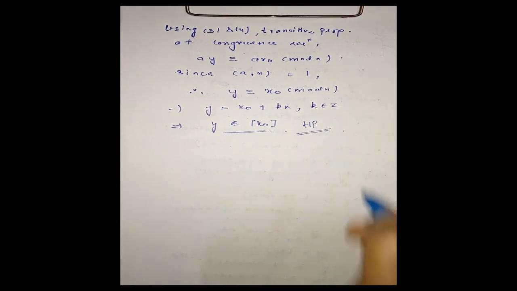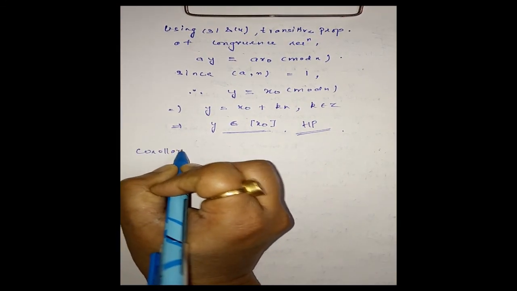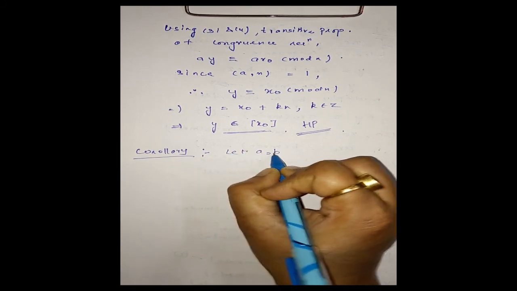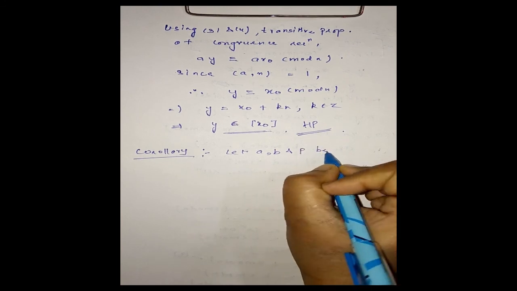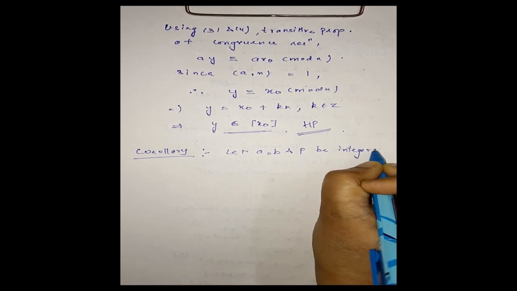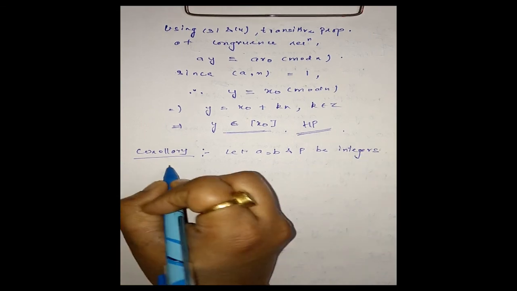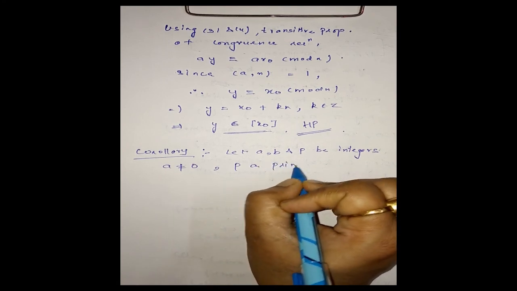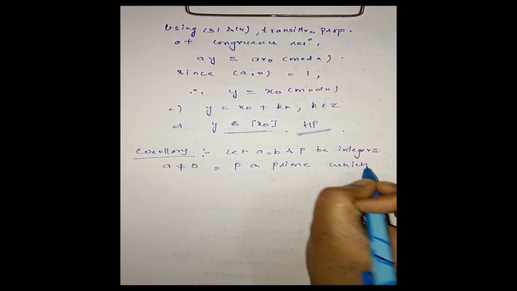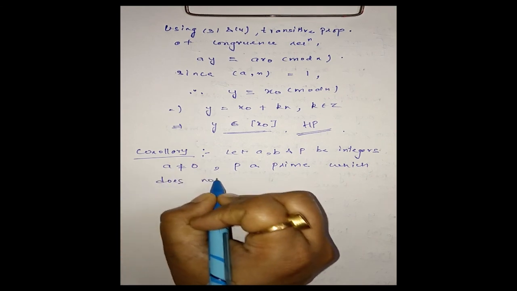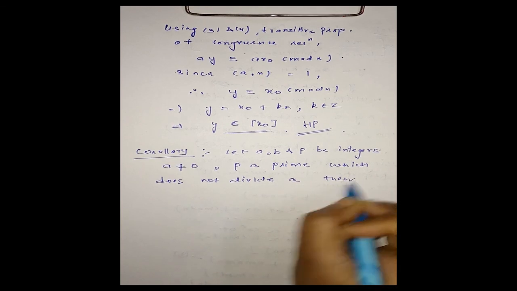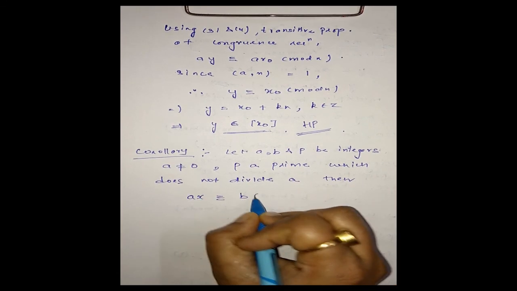Hence proved. Now we come to the corollary to this theorem. Corollary: let a, b and p be integers where a is not equal to 0, p is a prime which does not divide a, then ax is congruent to b modulo p.